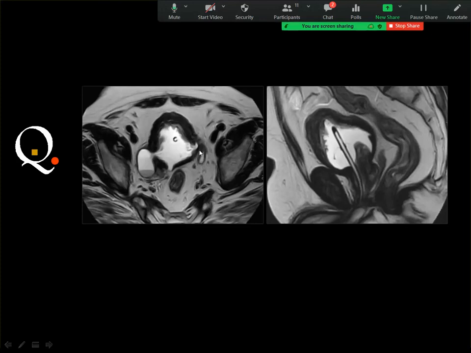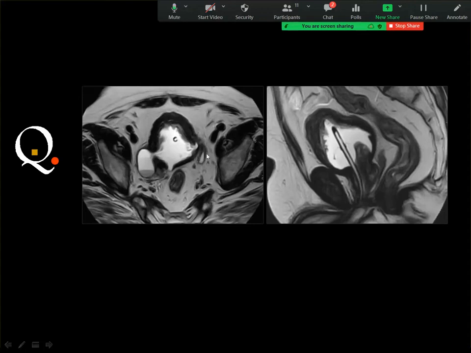This is chronic cystitis with diffuse thickening of the urinary bladder wall. And you remember that the normal appearance of the urinary bladder wall muscular layer is a dark signal on T2, but the tumors of the urinary bladder will show some bright signal on T2 weighted images.